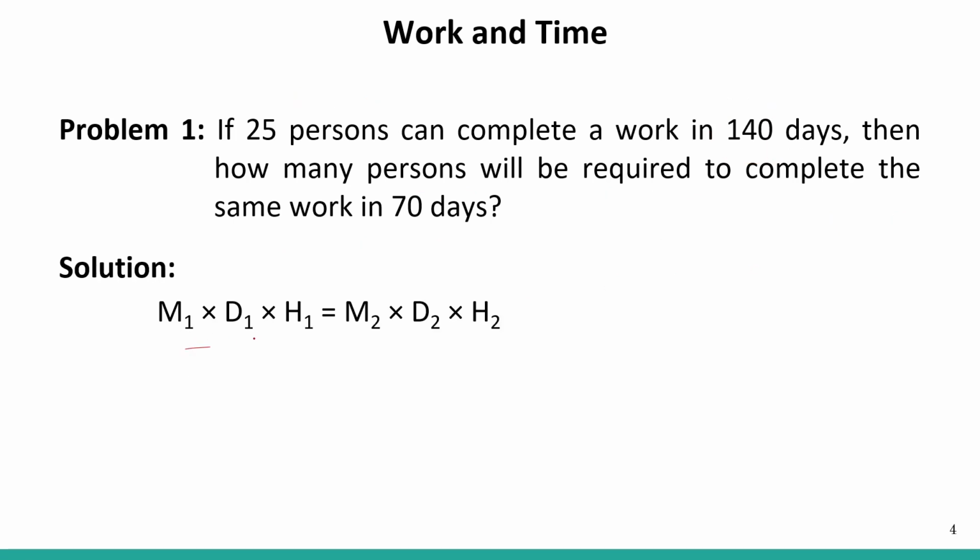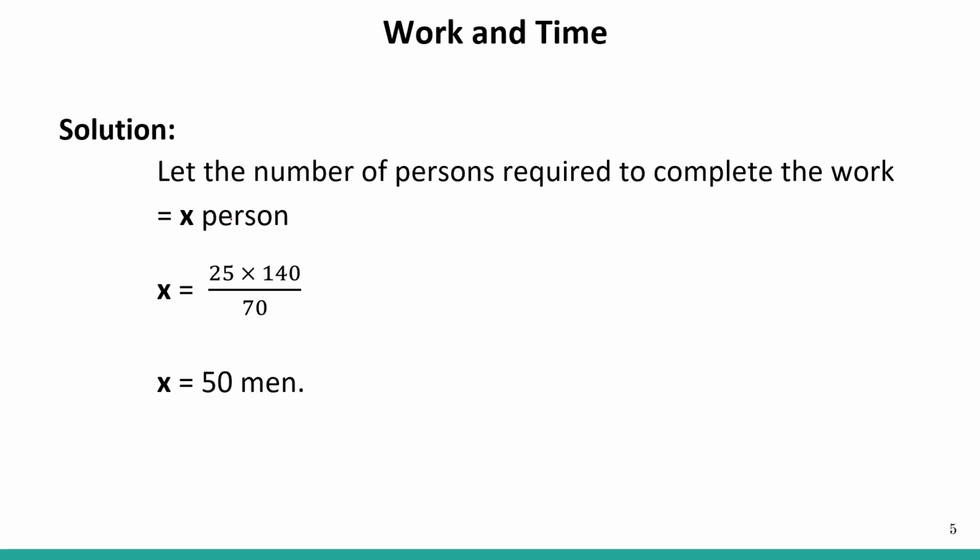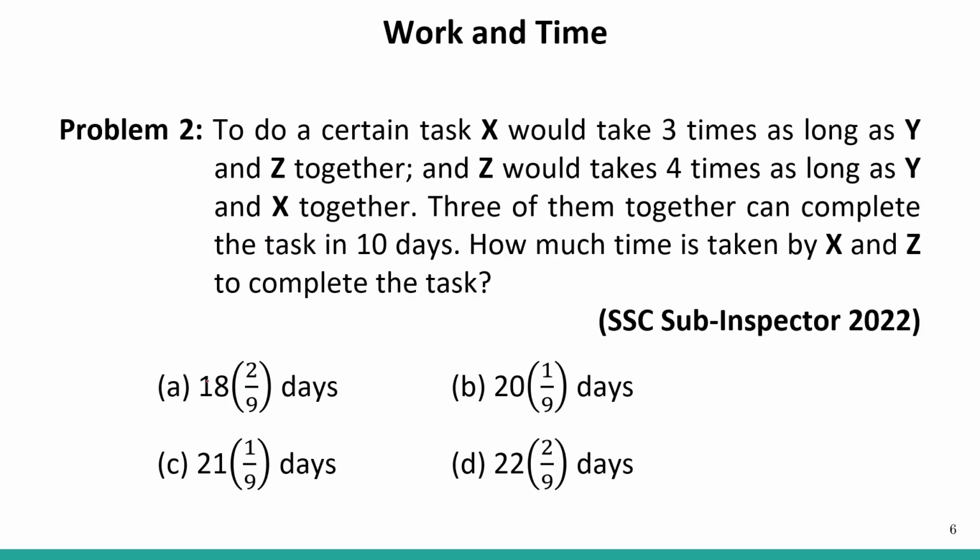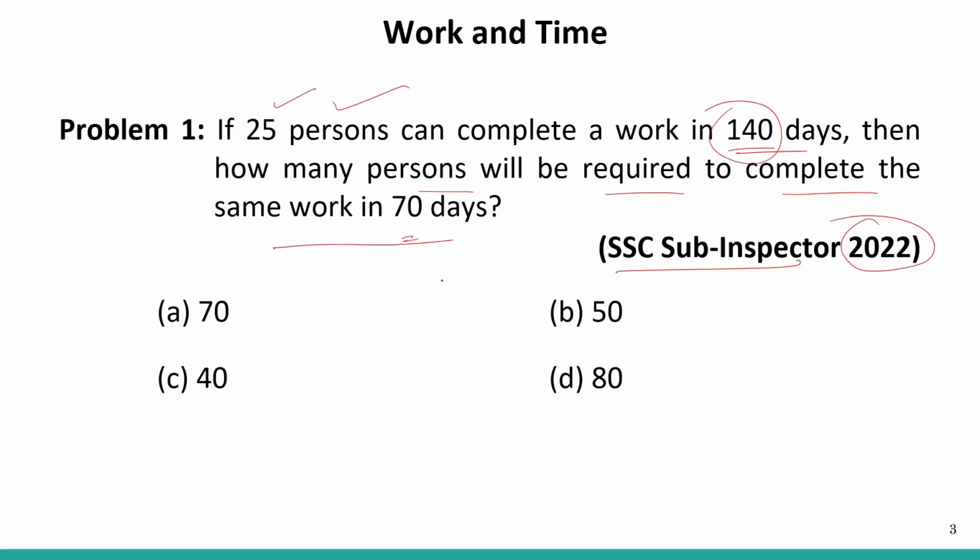So M1 D1 into H1 is equal to M2 D2 into H2. Let the number of persons required to complete the work be X persons. So X is equal to 25 into 140 whole by 70, which is equal to 50 men. So 50 will be the correct answer.